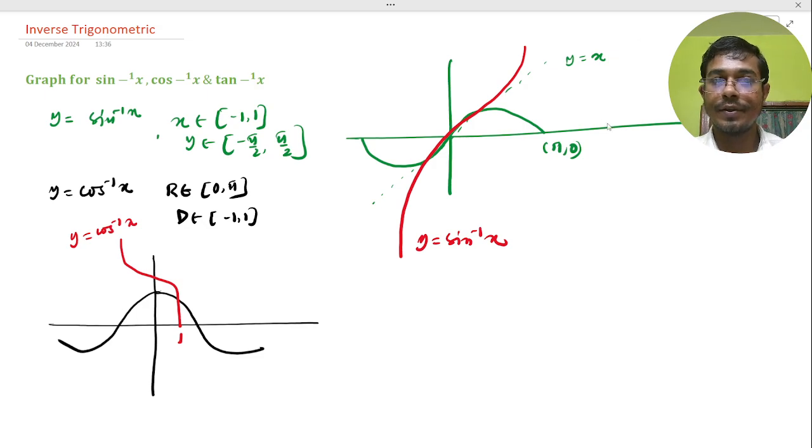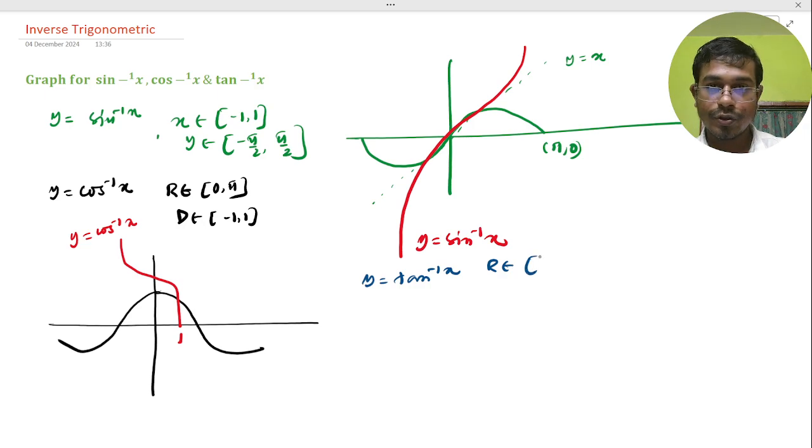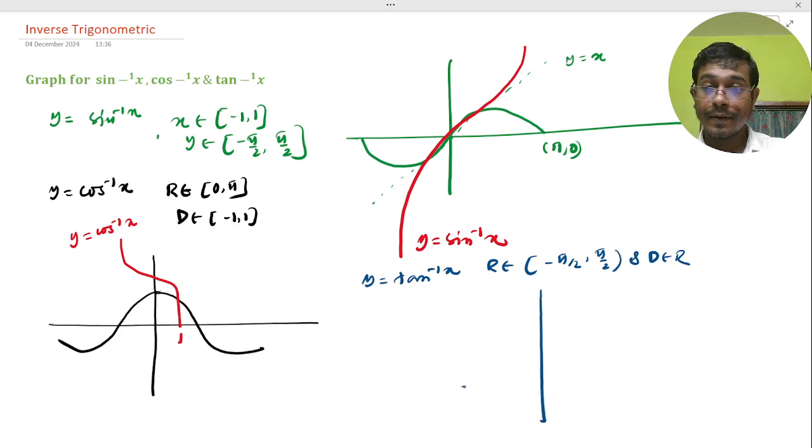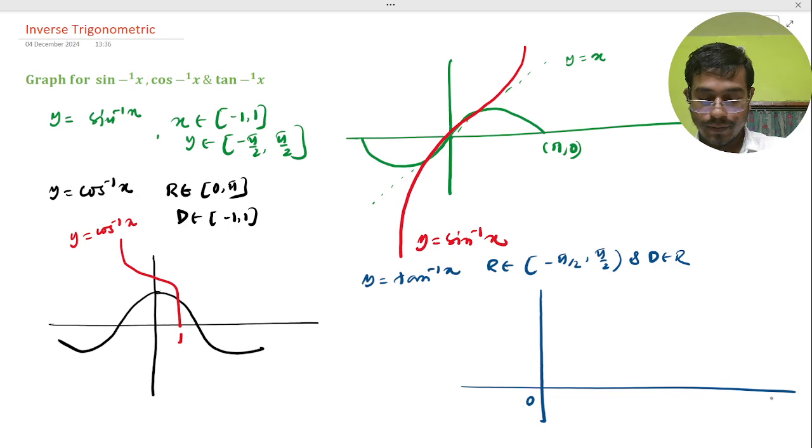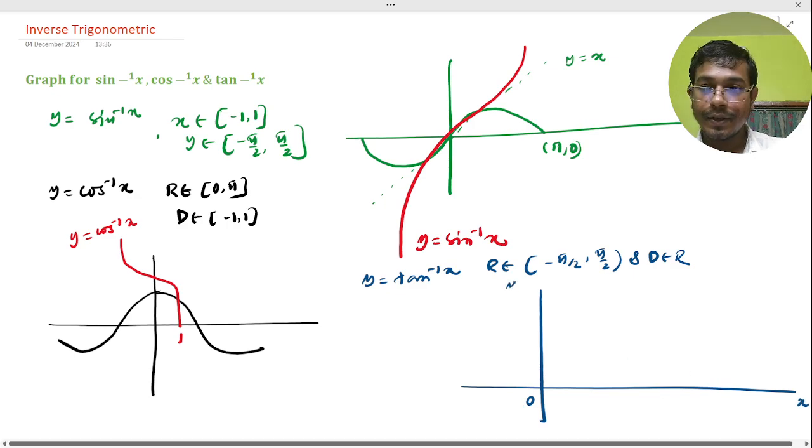And the third one is y equal to tan inverse x. For tan inverse x, the range belongs to the open interval minus pi by 2 to pi by 2. The domain belongs to R, and for this one you just know the y axis, origin, x and y.